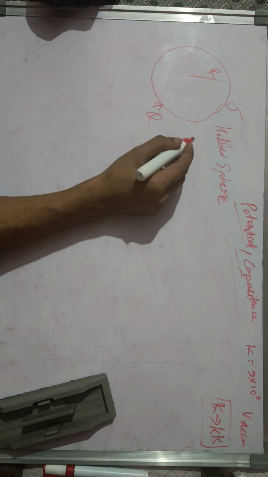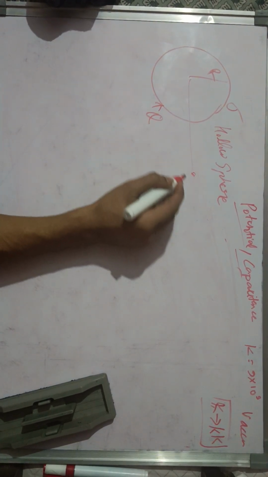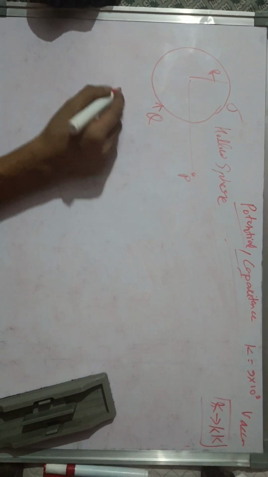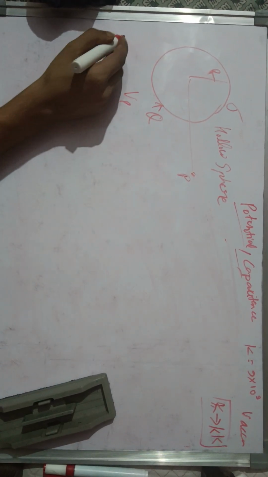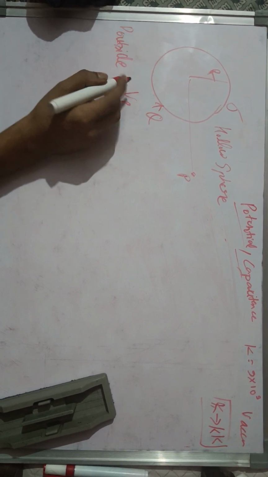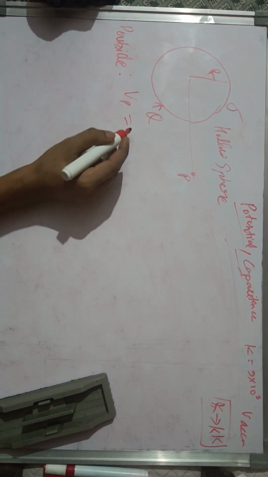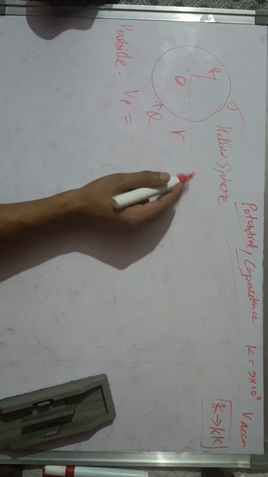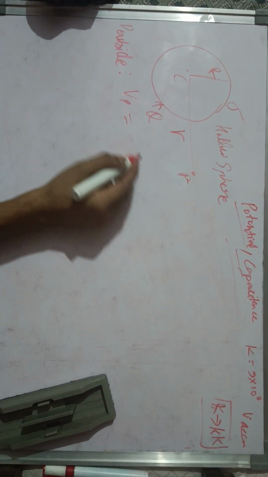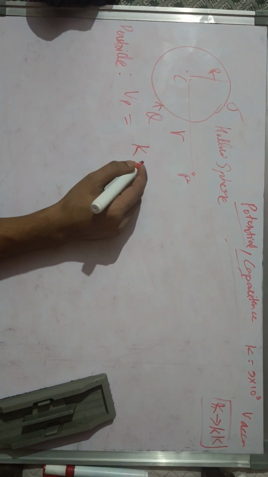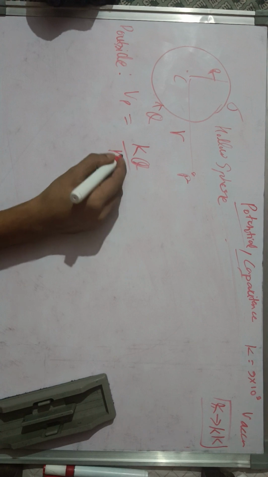Then the potential at any point outside, if the point P is outside, then VP will be equal to, with P at distance r from the center, simply kq by r.